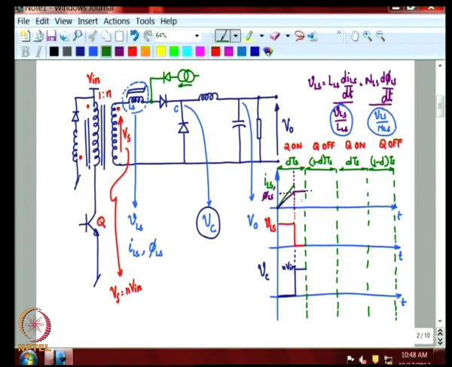Now, let me draw the current through the inductor. It starts flowing in this direction. Let us say we give a linear current increase. Now, based on this slope, linear current increase up to some point, let us say.